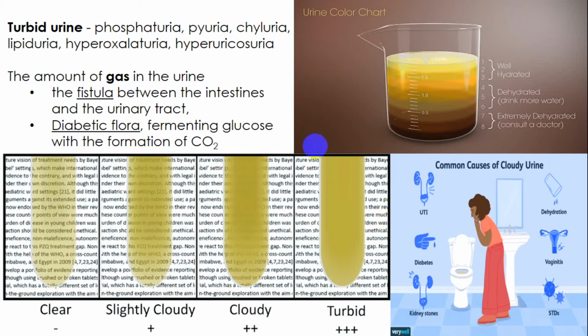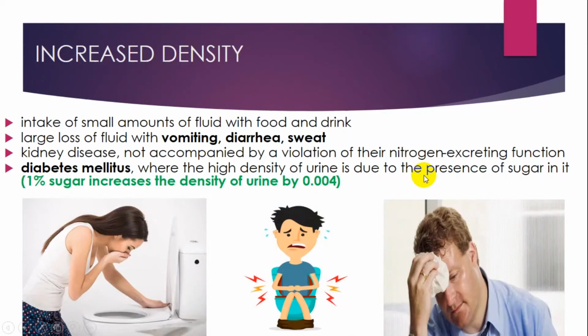Here you can see the differentiation of clear, slightly cloudy, and turbid urine, and the urine color chart, from well hydrated to dehydrated and extremely dehydrated, with brown color. Common causes of cloudy urine may be such as you see in the picture.